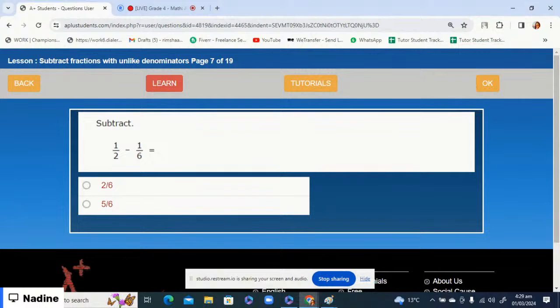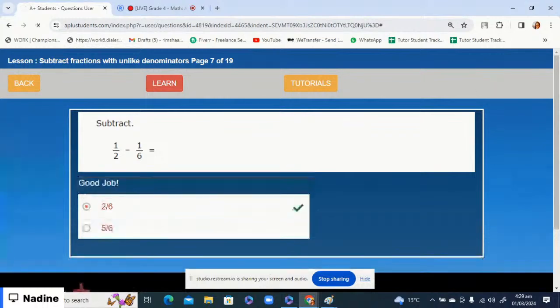What's the answer? Which number first do you choose? 1 by 2 or 1 by 6? You all choose 1 by 2. Multiply and divide with the number. Good. Well done. That is 2 by 6.